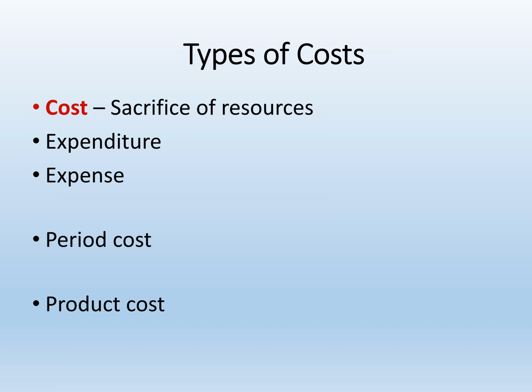A cost is a sacrifice of resources. It's a basic theory of business that every interaction is an exchange. You have to give up something in order to get something else. The thing that you give up is the cost.